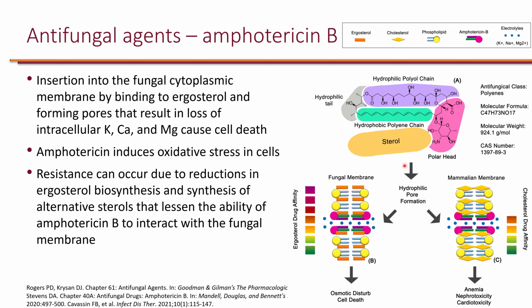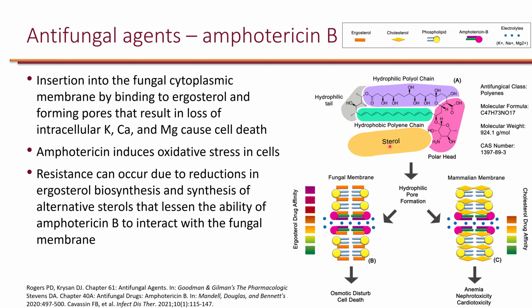These are all good for killing fungal cells, but these are also key in a lot of the adverse effects that are associated with amphotericin B, including electrolyte wasting. This can also happen in the kidneys, so there is a lot of nephrotoxicity from amphotericin B.